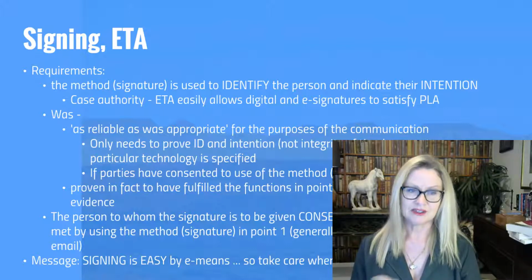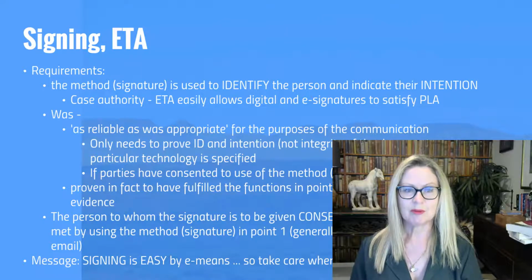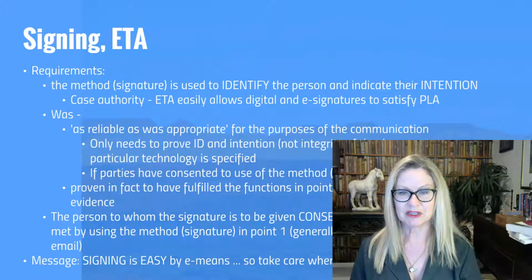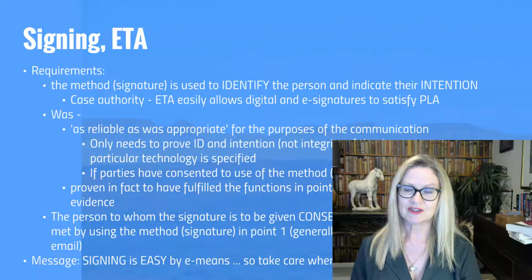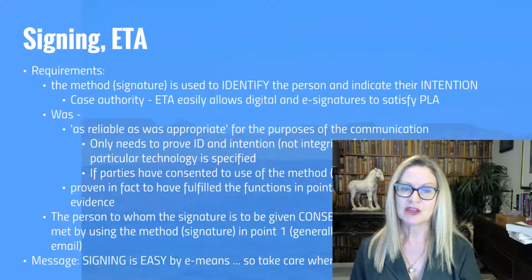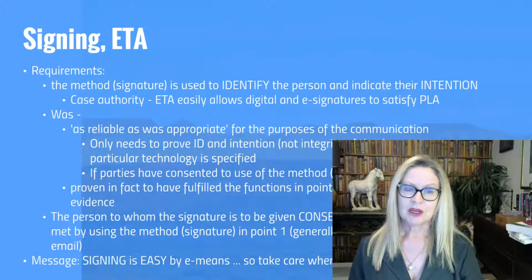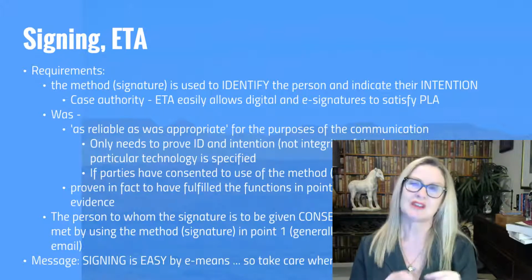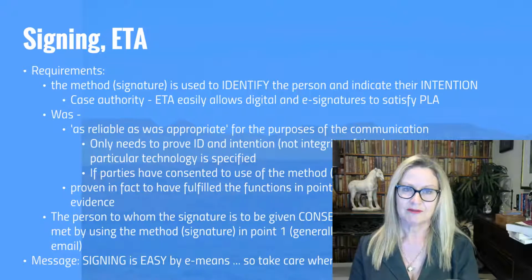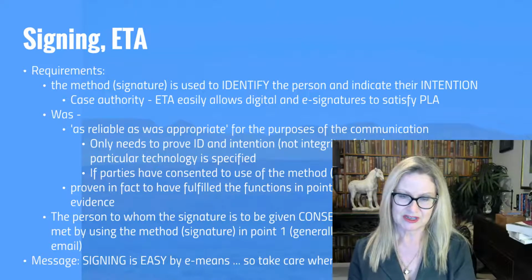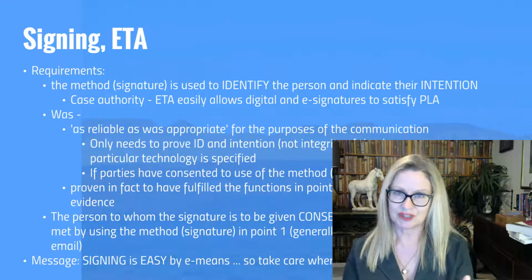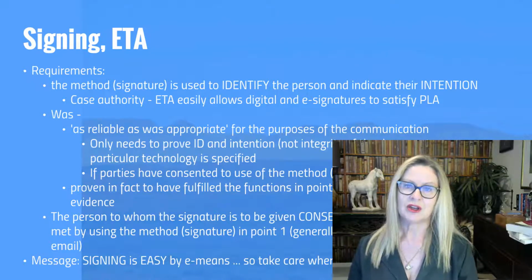And the last bullet point there, the person to whom the signature is to be given consents to the requirement being met by using the method. As I said, there's not a whole lot of uncertainty around this now. It will just come down to the facts of a particular circumstance, whether or not those general requirements are met.